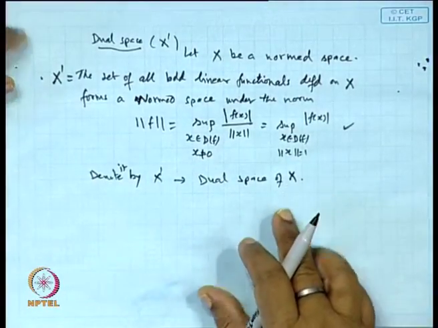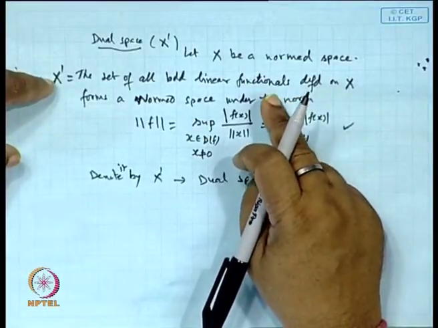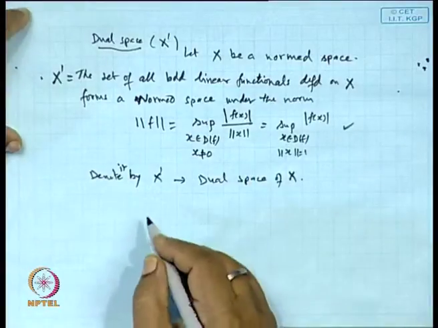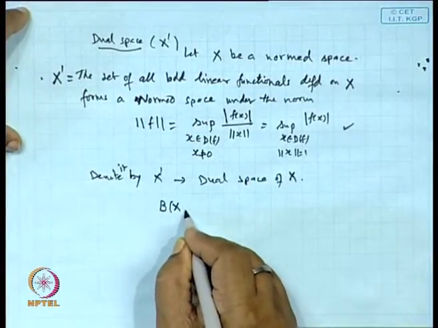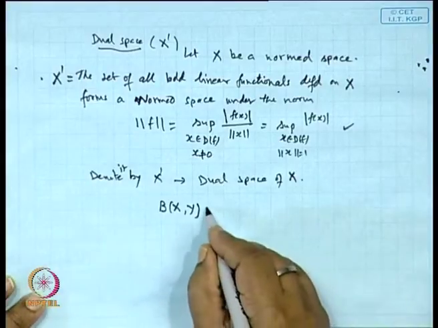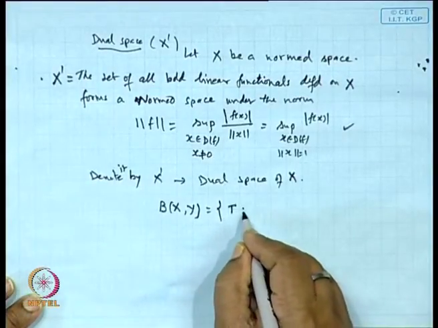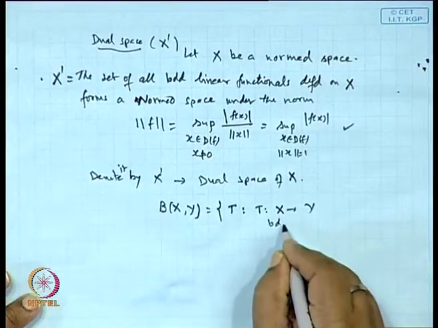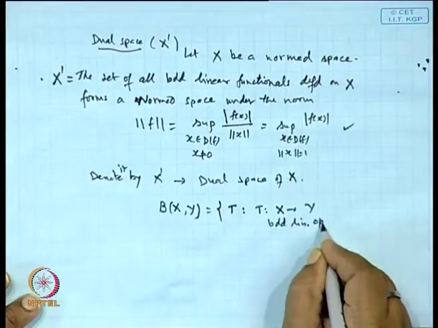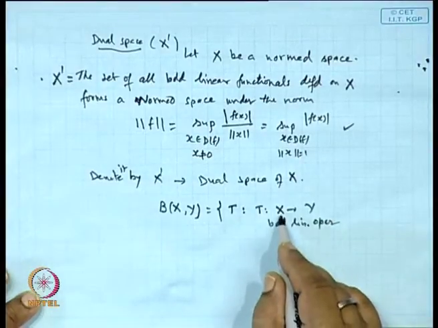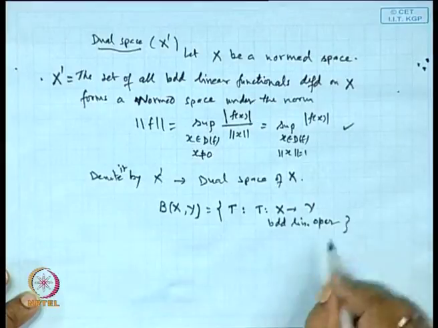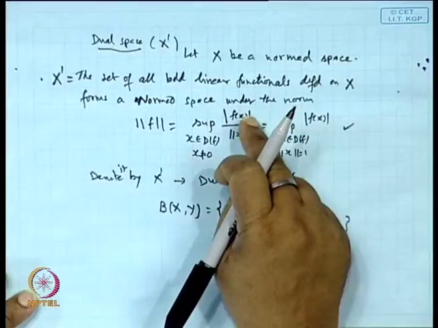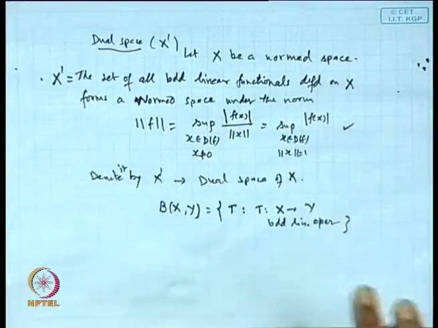So basically the dual space X dash is a particular case of B(X, Y). What is B(X, Y)? If you remember, it is the set of those operators T, where T is a mapping from X to Y, a bounded linear operator defined from one norm space to another norm space, and this forms a norm space under the same norm, ||T|| = supremum of ||Tx|| over ||x||.